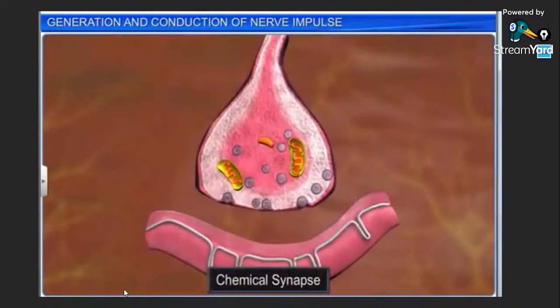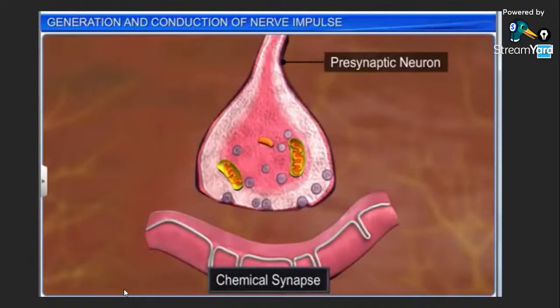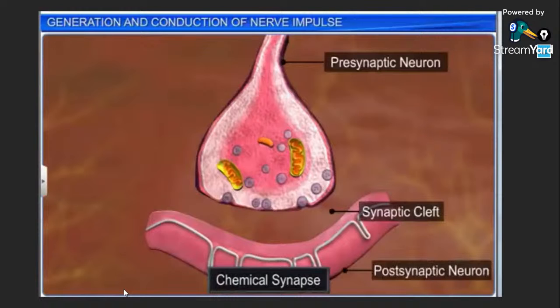Chemical synapses are common in the human system, where a presynaptic neuron and a postsynaptic neuron are separated by a fluid-like gap called the synaptic cleft. And now you doubt how the impulse will be transferred.